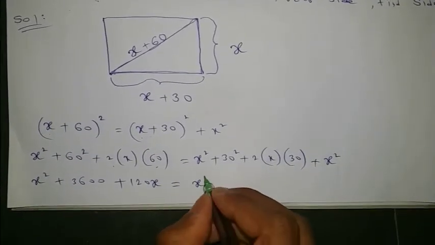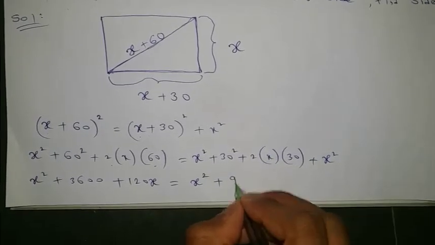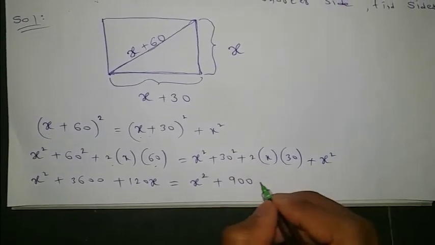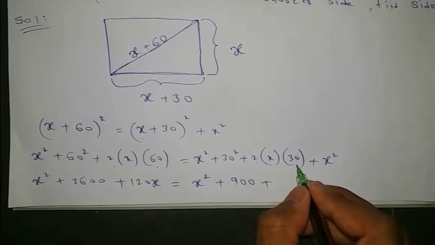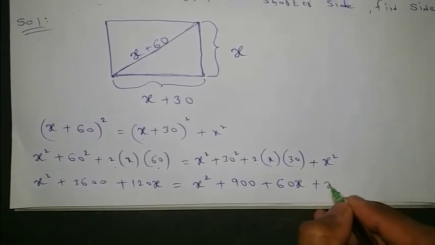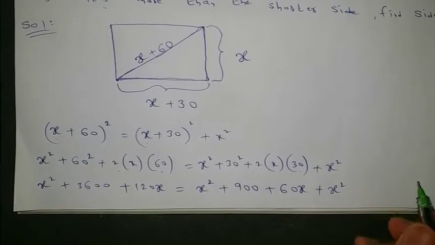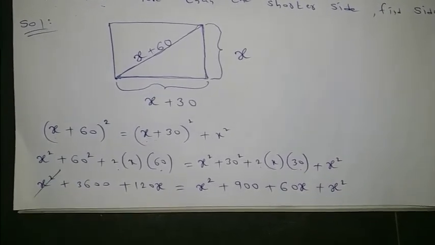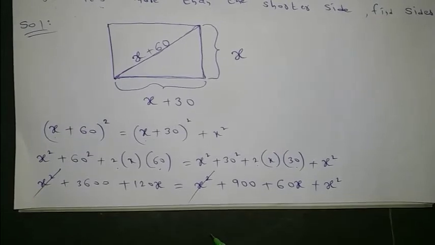Next, x square as it is plus 30 square 900 plus 2 into 30 60 into x 60x plus x square. So left side 1x square, right side 1x square will get cancelled.